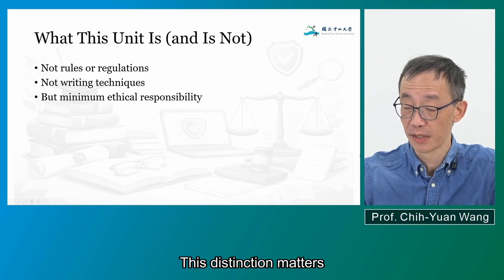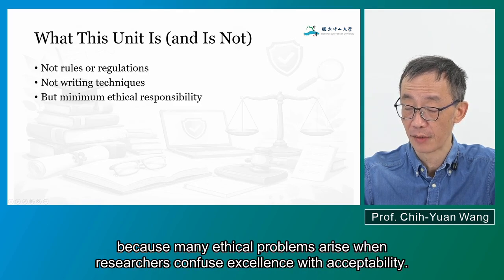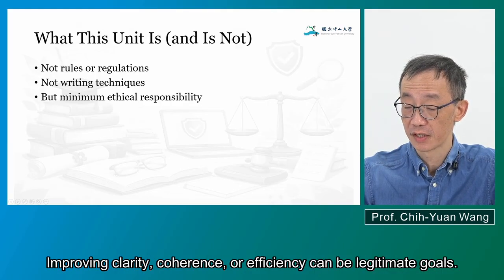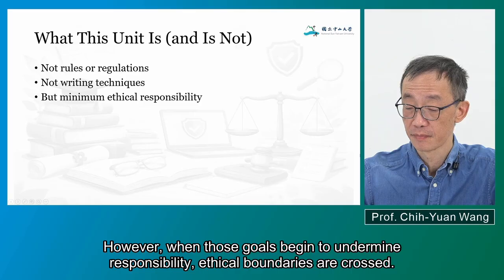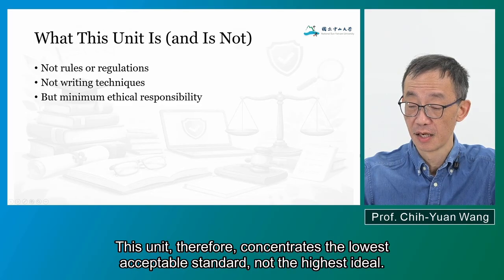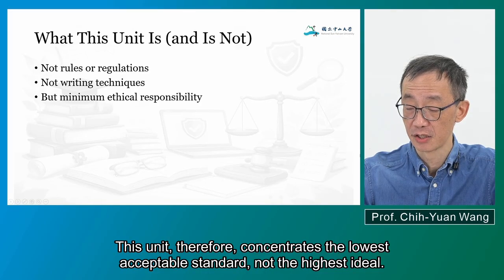This distinction matters because many ethical problems arise when researchers confuse excellence with acceptability. Improving clarity, coherence, or efficiency can be legitimate goals. However, when those goals begin to undermine responsibility, ethical boundaries are crossed. This unit therefore concentrates on the lowest acceptable standard, not the highest ideal.